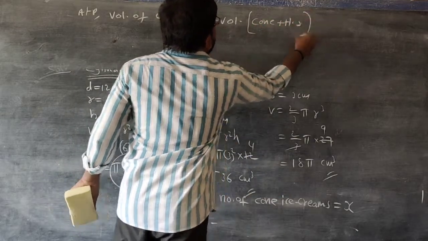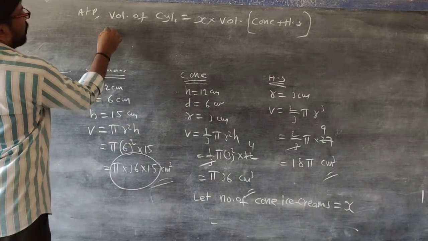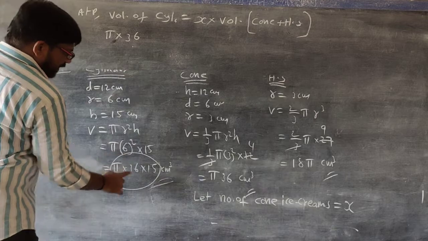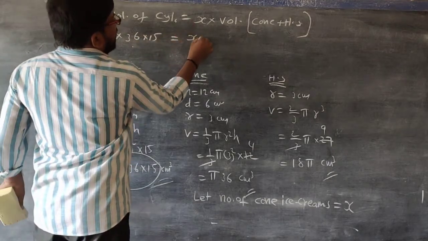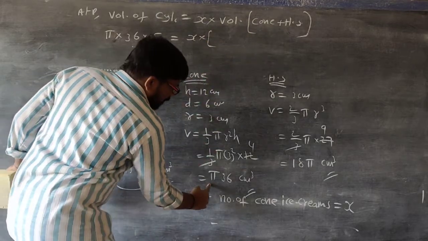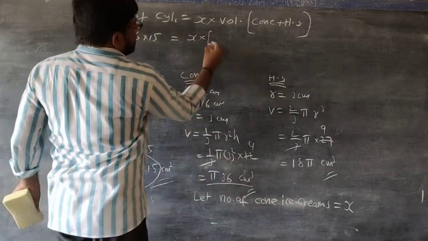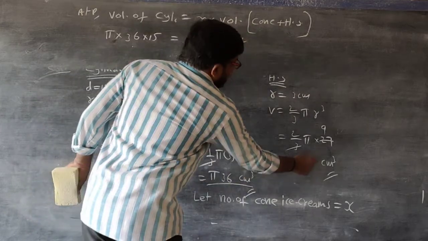Right? So the volume of the cylinder is pi into 36 into 15, equal to X into the volume of cone plus hemisphere. Cone is pi 36, means 36 pi, plus 18 pi.